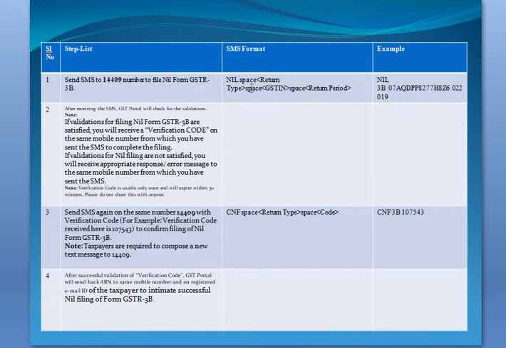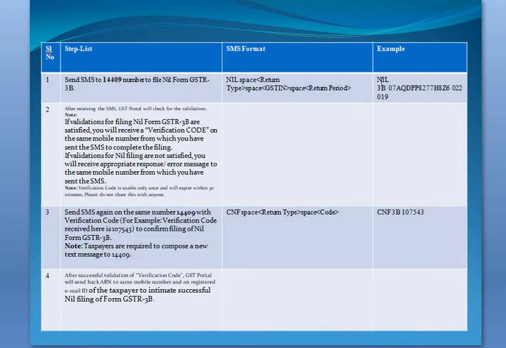What you have to do is take your registered mobile and type the SMS as follows: NIL, capital N, capital I, capital L, then give space, then the return type, whatever return you want to file, then space, then your GSTIN number, then space, then the return period. I've given an example here.